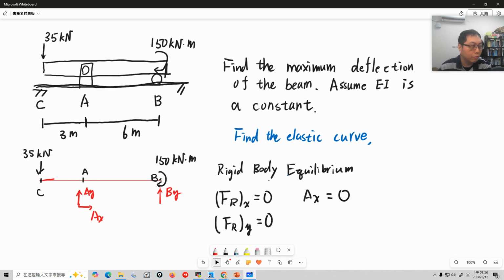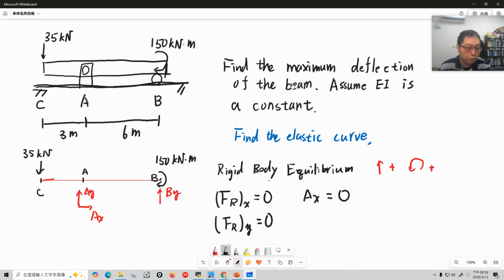Let's look at what the y component forces are in this system. First of all, at point C there is a concentrated load of 35 kilonewton pointing down. For this calculation, I assume pointing up is positive and counterclockwise is positive.